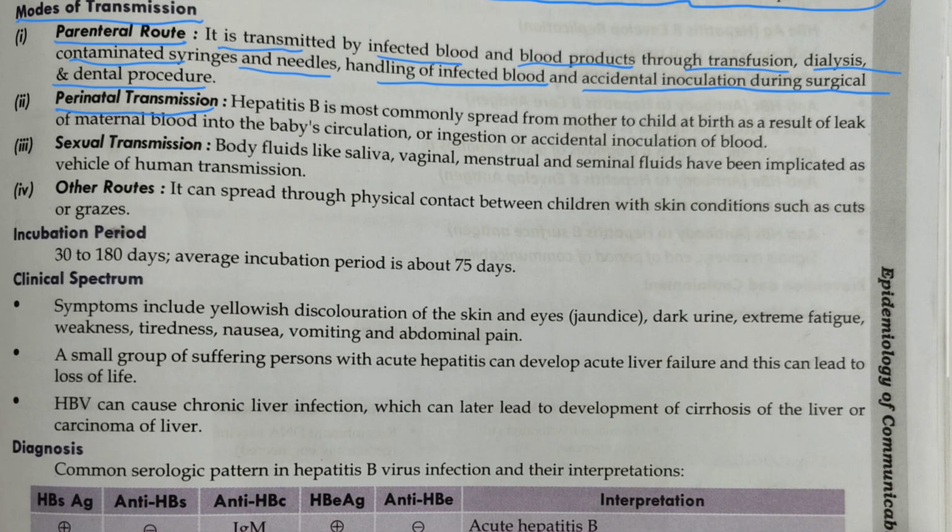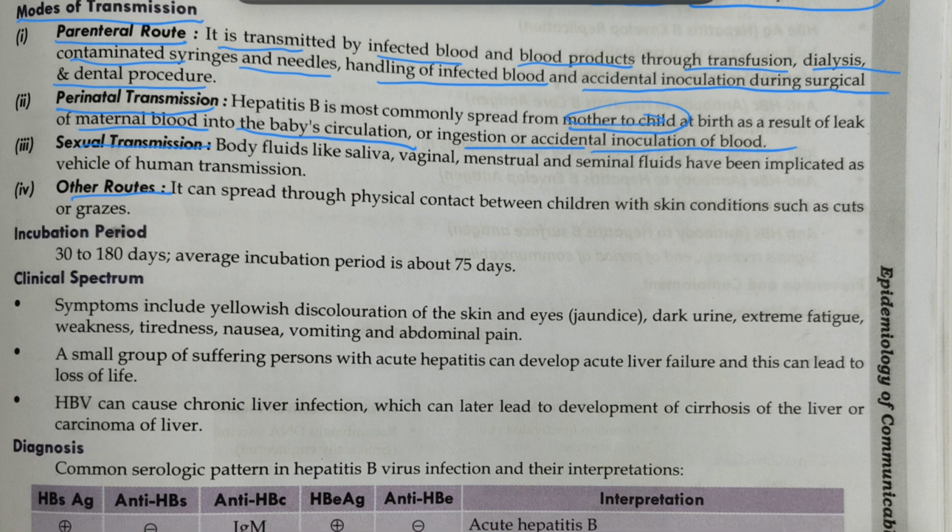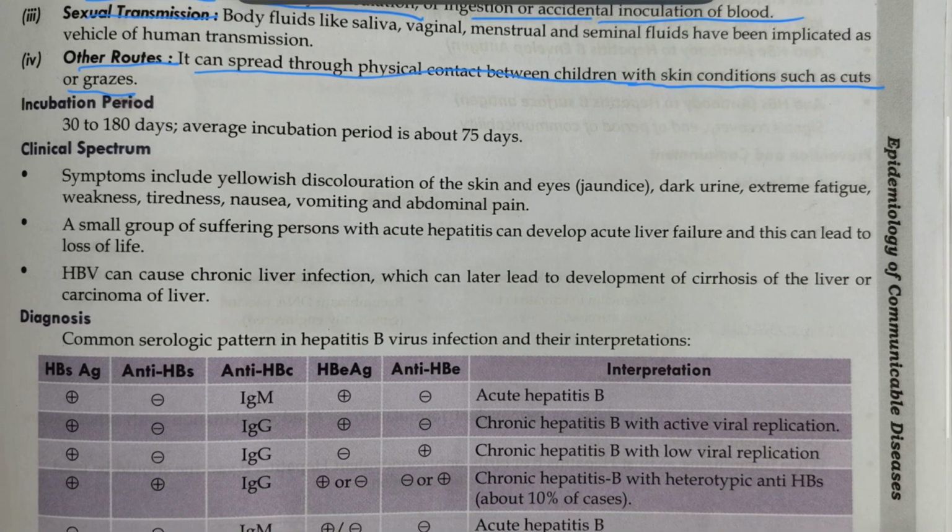Hepatitis B is most commonly spread from mother to child at birth as a result of leak of maternal blood into the baby's circulation, or ingestion or accidental inoculation of blood. Sexual transmission and other routes. It can spread through physical contact between children with skin conditions such as cuts or grazes.